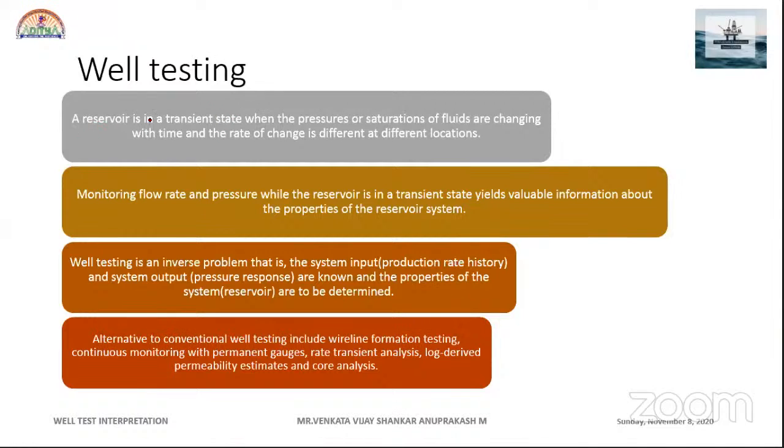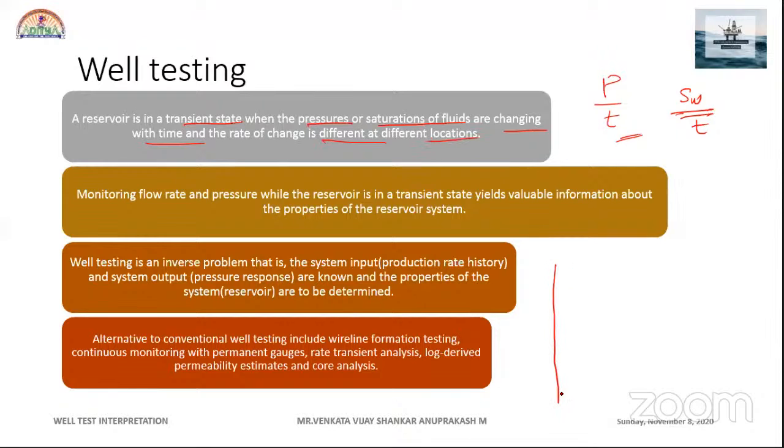A reservoir is in a transient state when the pressure or the saturation of the fluids are changing with respect to time. So the pressures, whatever you are talking about, with respect to time, are changing. Or even the saturation of the fluids is changing with respect to time, and the rate of change is different at different locations.